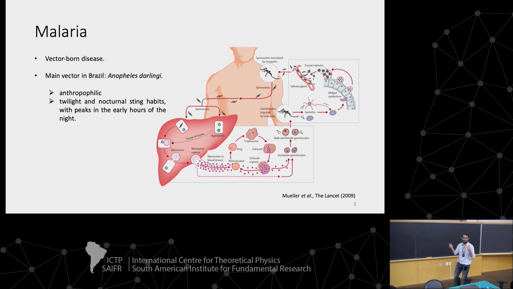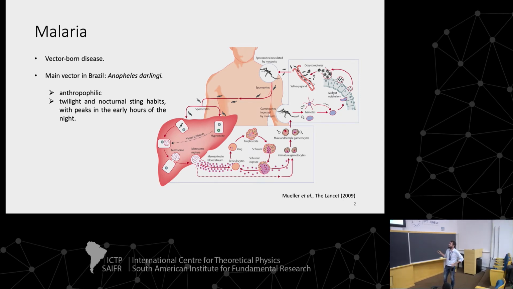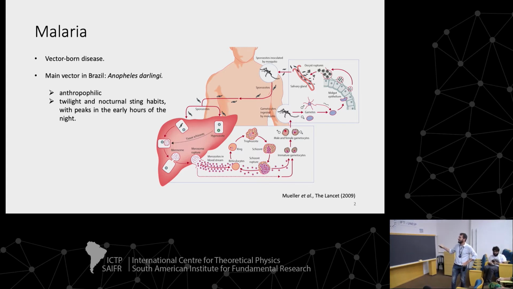So then just a brief introduction about what is malaria. We already saw, but let's see the life cycle of the disease. Infected mosquitoes infect a human being, and the sporozoites go to the liver. In the liver, after this phase, it's introduced in the blood stage, where some gametocytes are produced and infect the mosquitoes again.